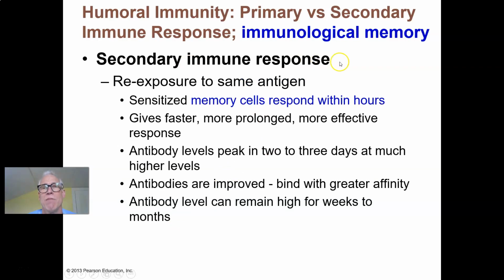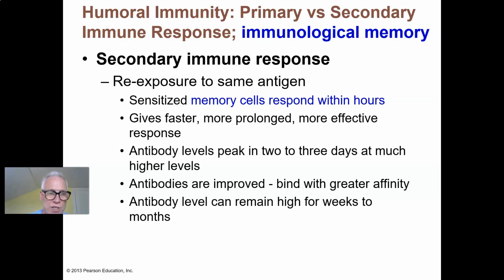A secondary immune response occurs when the same antigen is presented to our memory cells. We get infected with the same cold viruses, for example, and that cold virus starts to attack our body, and those memory cells are there this time, and a much faster, more vigorous, more prolonged response takes place, and that cold virus will never have a chance to produce any disease symptoms, or it could be diphtheria, it could be measles.